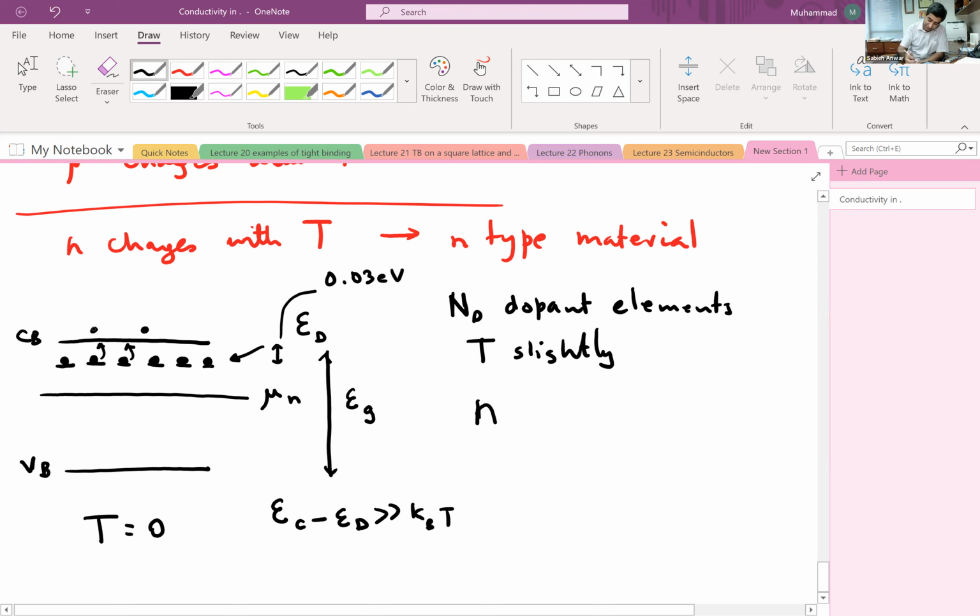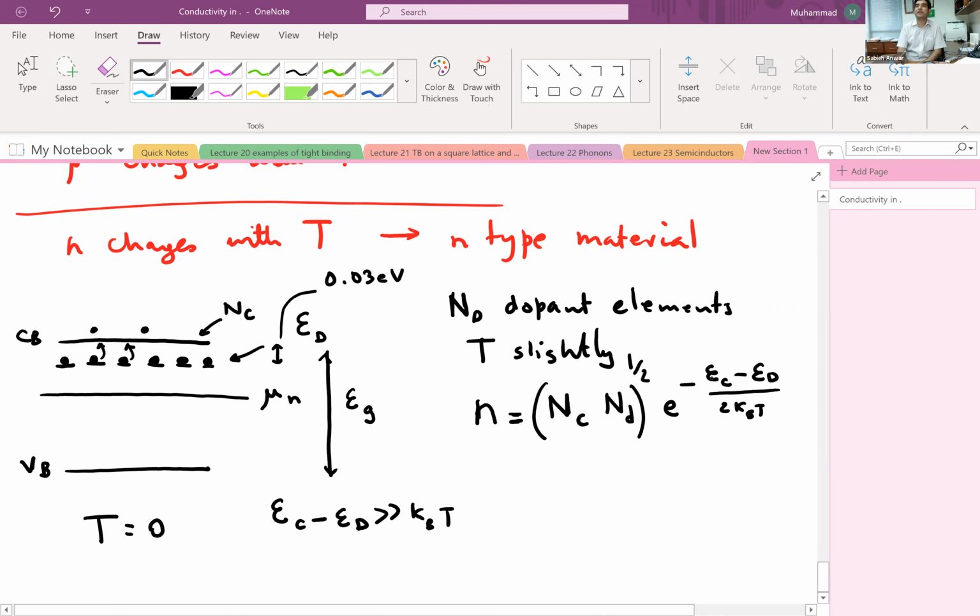It's going to be equal to the effective density of states here, which is NC, and the effective density of states at the donor level, which is ND, square root, 1/2, e to the minus EC minus ED over 2 kBT.